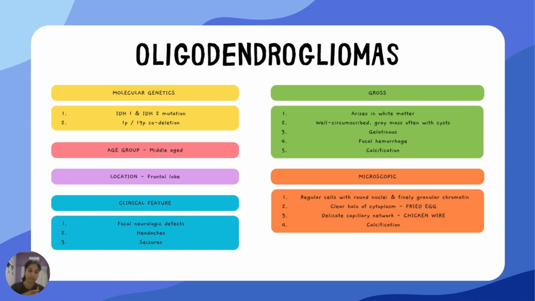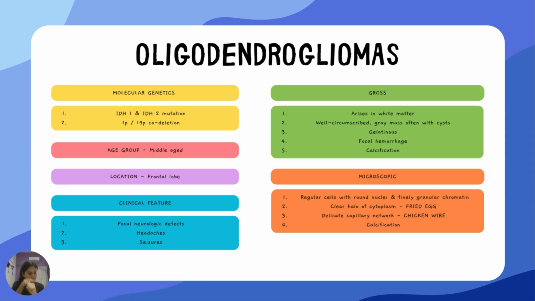First, the cells are regular with round nuclei, and also finely granular chromatin. So your nucleus is very round and it has fine granular chromatin inside. Surrounding it you have your cytoplasm, right?